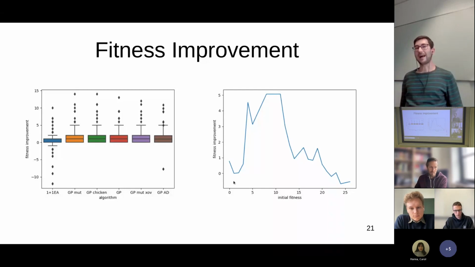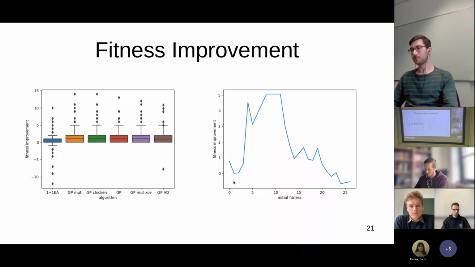Another interesting thing I realized just before the presentation is this plot that shows the initial fitness of each project on the x-axis, and for a project with that fitness, by how much the search was able to improve that program on average. And what it shows you is if a program is totally broken initially with a fitness of 0, or if a program is almost fixed with a high fitness of 25, the search isn't able to do much anymore.